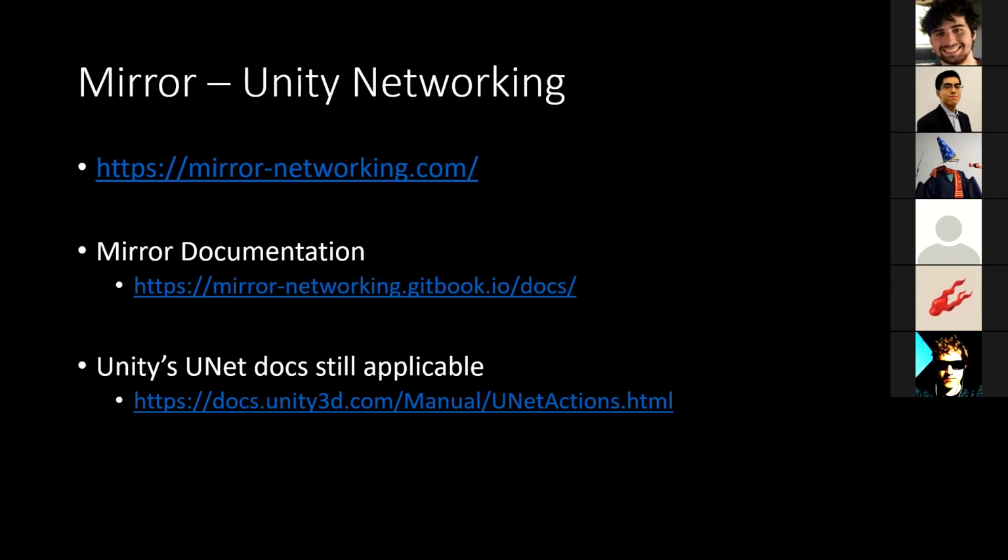Mirror is actually the successor to that, where they took UNet and have just been updating it. So they have their own documentation. However, because it's based off of UNet, all of the old documentation still applies, and if you find old tutorials, they also still apply.